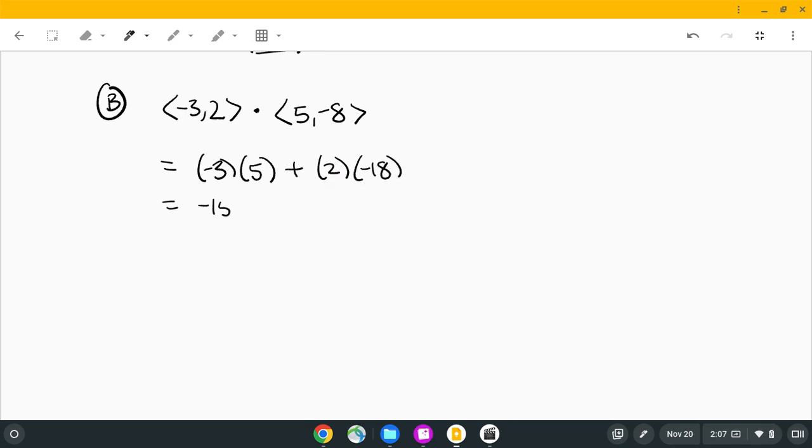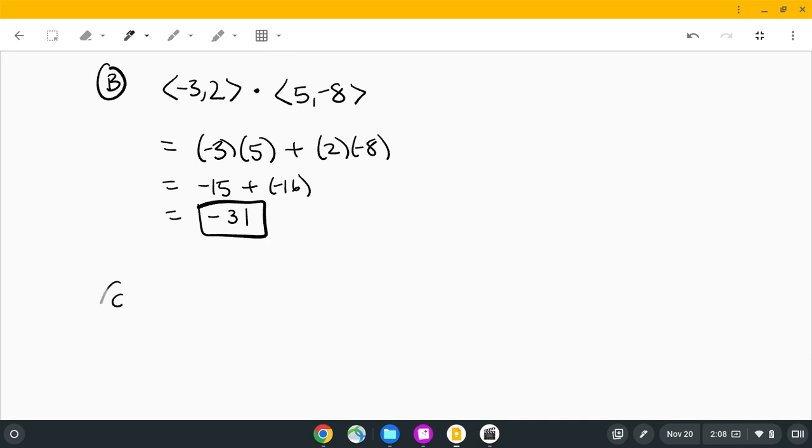So here we get -15 plus -36. Did I do something wrong? I did. I put a -18 here. 2 times -8 is -16. And then here we get -31. So that's what you should get.